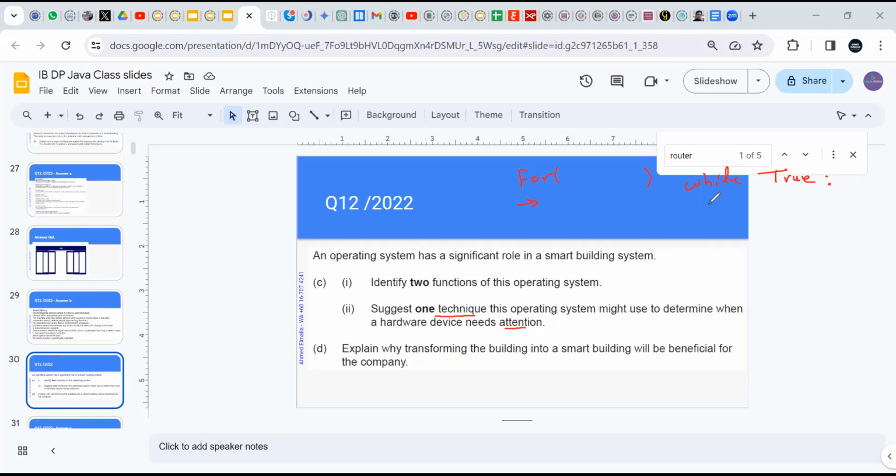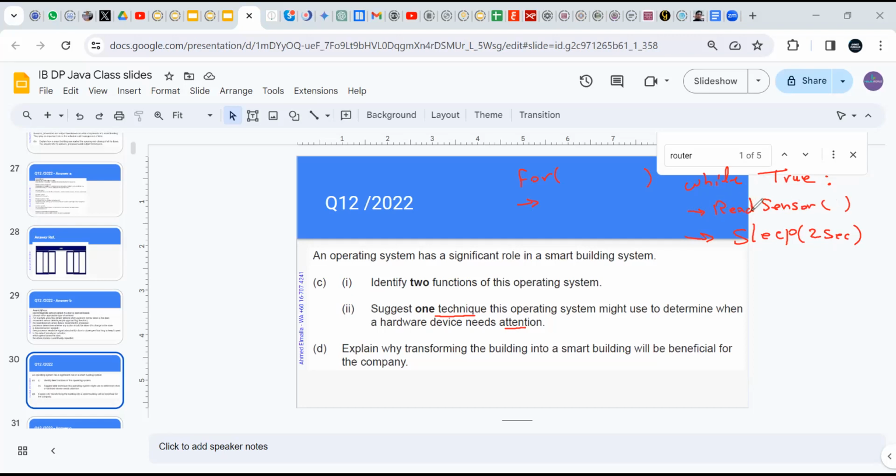So polling is like putting some operation, read sensor, here, and you might also put something like sleep for maybe 2 seconds. So while true, you are going to read the sensors.